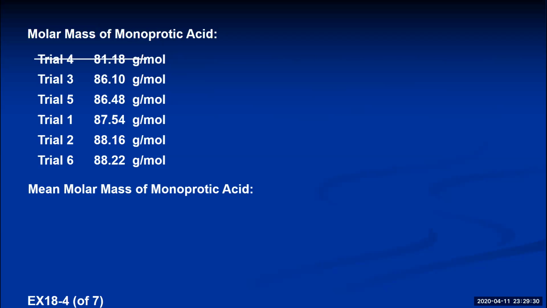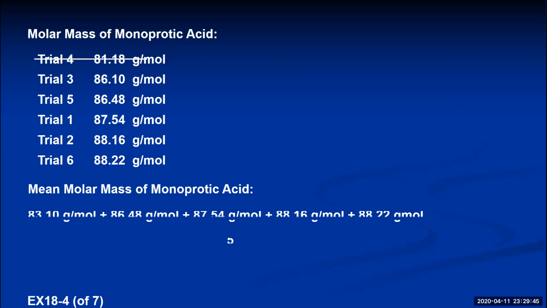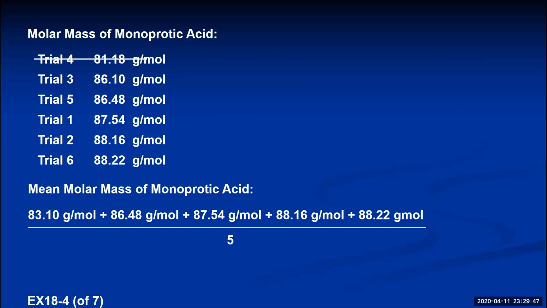So to calculate the mean, which would be the average molar mass of the monoprotic acid, you're going to take all of the trials now that are not being excluded, so that's 5 trials in my case, and to calculate an average, you just add the 5 different values together and divide by how many trials there were. So our mean is going to be the sum of each one of these different values here divided by 5, and because they're all accurate 2 places past the decimal point, when I get my mean value, it's going to be written 2 places past the decimal point.